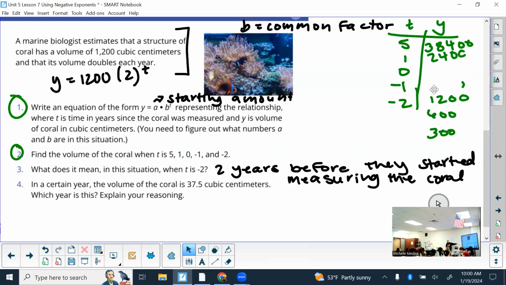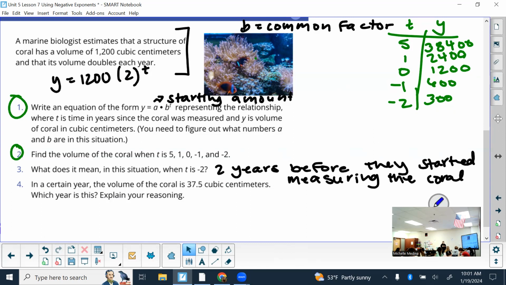We're answering number 4, but you didn't tell me anything, so now we're taking it as a step. Are we solving for a t or are we solving for a y? Incorrect, you're solving for a t. Because it says in a certain year, the volume was this, which year? So we're solving for which year the y was 37.5.